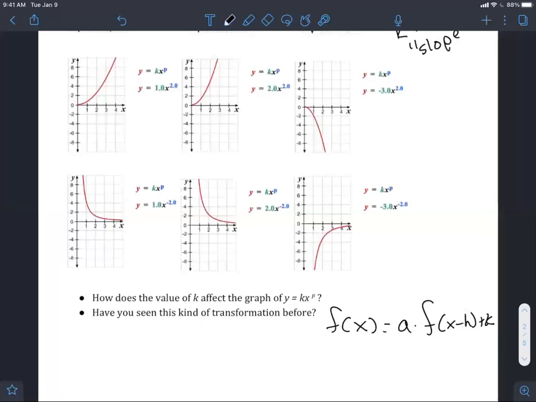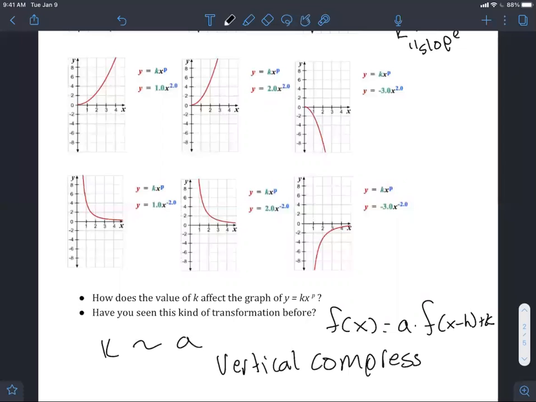You were sick of hearing me talk about a and k by the end of it. That's not going away. In this case, k is basically equivalent to that a factor, that vertical compression and stretch.